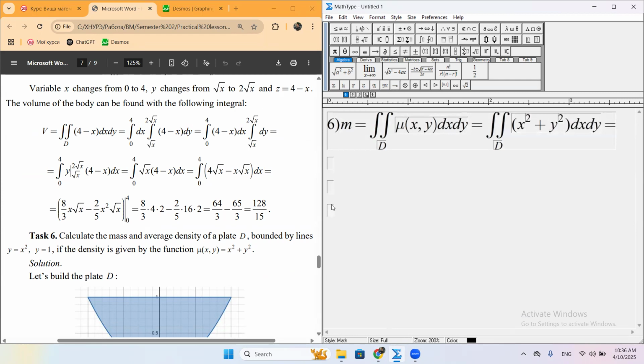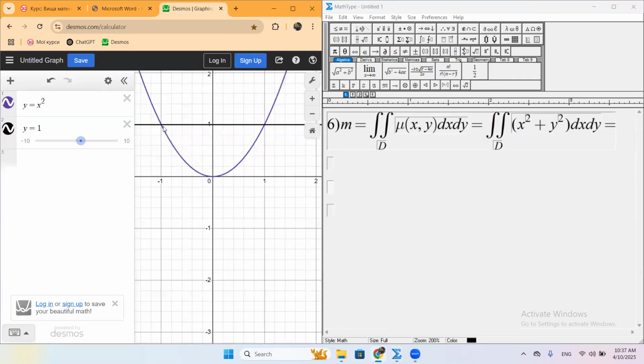Now let's determine the limits of integration. So for x, we'll integrate from -1 to 1. Of course, it is a good idea to solve the equation x squared equals 1, but it can be easily solved. So x from -1 to 1. And what about y?